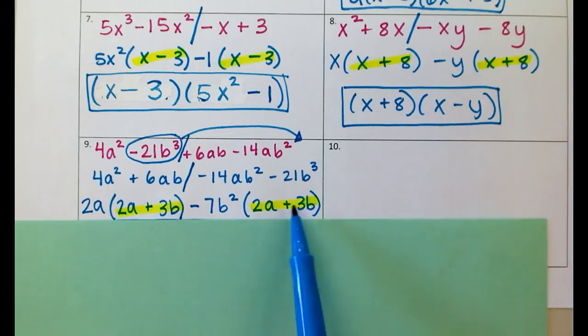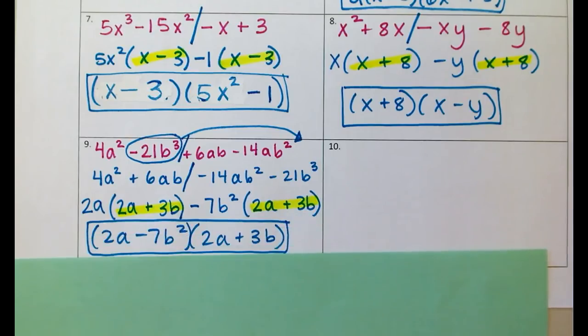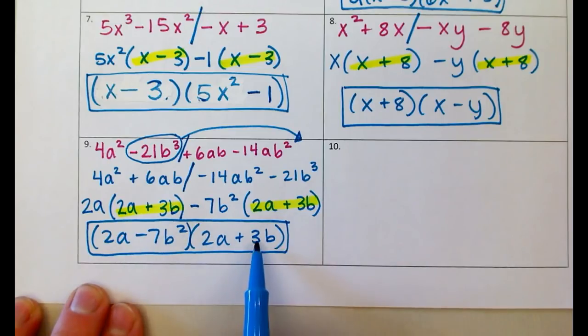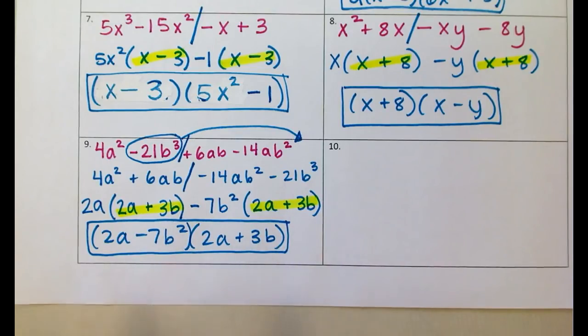And now these have matched up. So I could factor this out to 2a minus 7b squared times 2a plus 3b. Notice once again, it doesn't matter which order you put these in. This time I factored my 2a plus 3b on this side. These factors can be on either side.